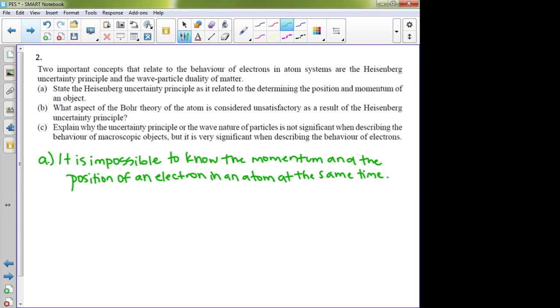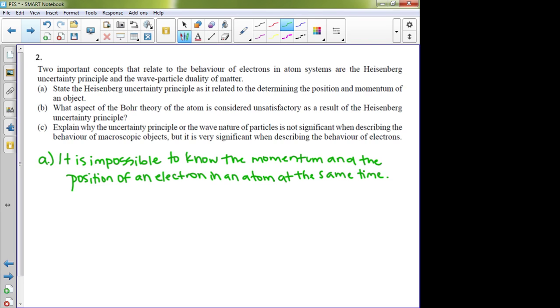So if I know position, that means I have to give up knowing the momentum. Or if I know the momentum, that means I have to give up knowing the position. I can't know both of them at the same time. That's literally all it means.